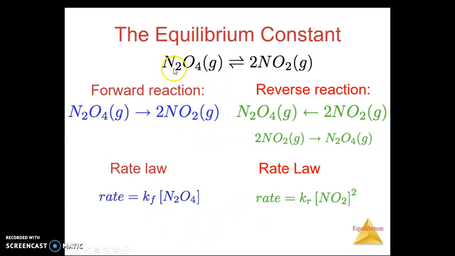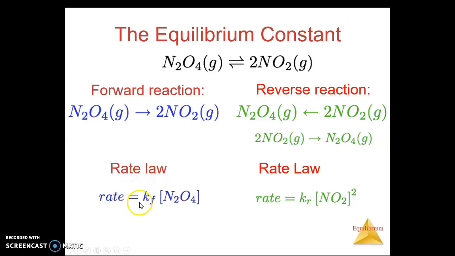So the equilibrium constant. In the forward reaction, we go like this. In the reverse reaction, we simply go right to left, or we can turn around and show it as a forward reaction. But the rate law is this.